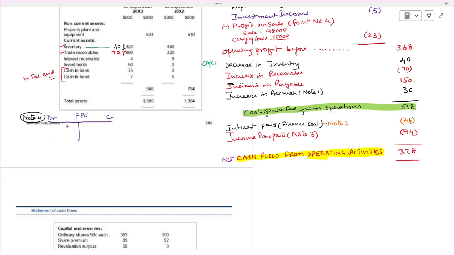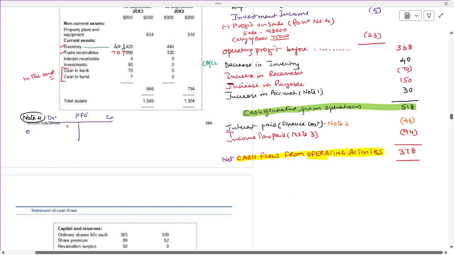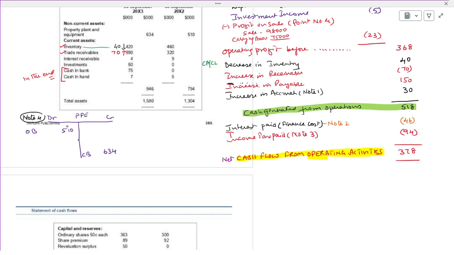Liability opening balance is always credit. Opening balance is 510. Closing balance is 634. Are you clear about this? Opening balance will be on the debit side, closing balance will be on the credit side, for any asset.